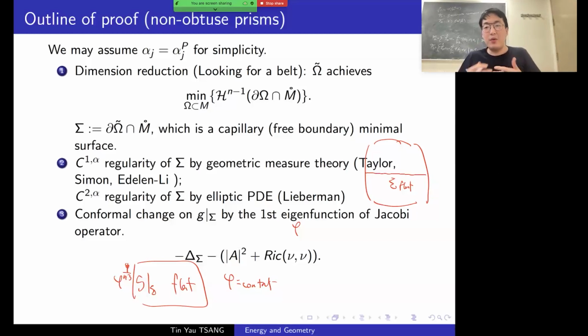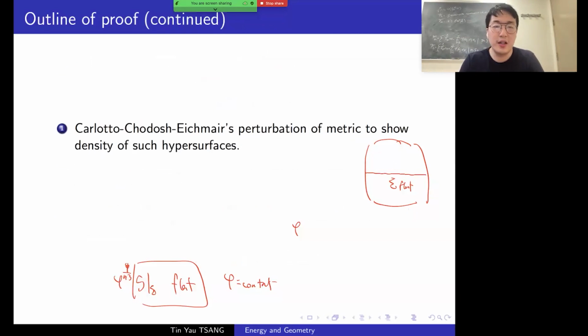But ultimately, what we want to show is that the whole manifold is flat, not only the surface. Then what shall we do? We have to use the Cai-Galloway-type perturbation to show density of such flat surfaces. Basically, what they are doing is to say, let's make a perturbation here on the annulus.